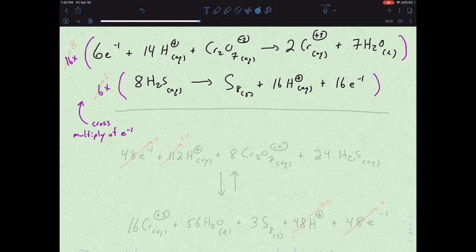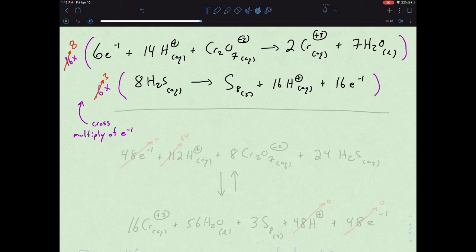We can make it a little bit more simple, meaning that we could just multiply through by 3 and by 8 and get the same idea as far as the balancing is concerned, since both 16 and 6 are divisible by 2.